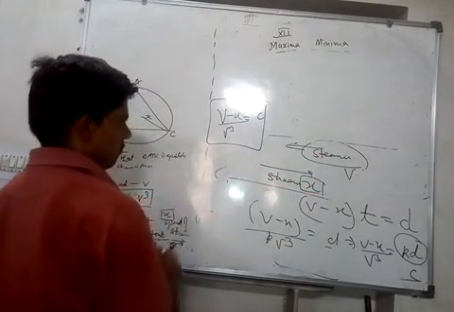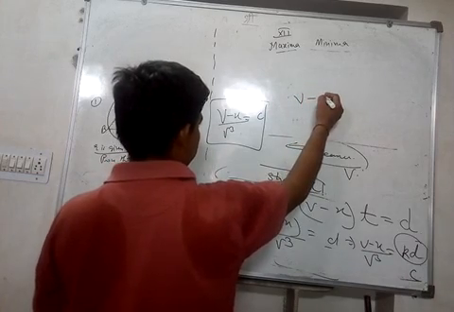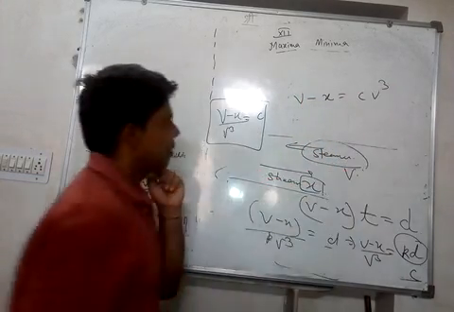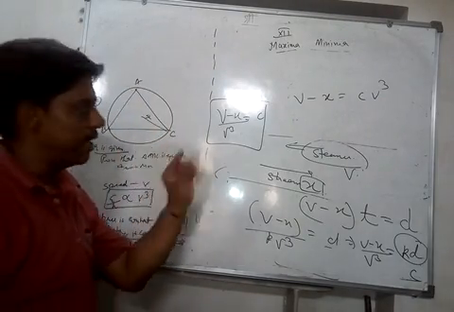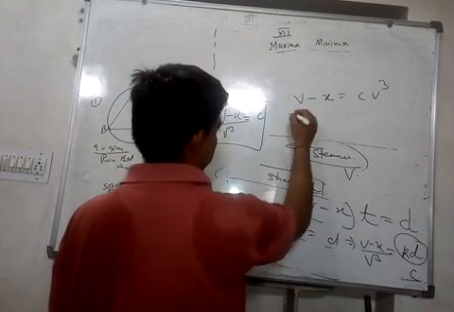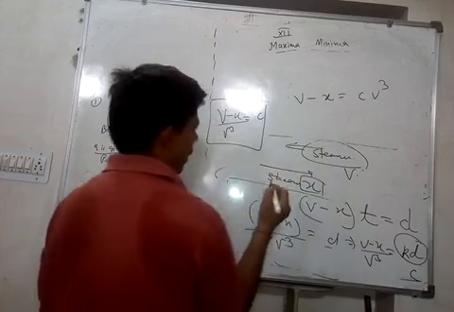So let's take v minus x is equal to c into v cube. Okay. So we can differentiate with respect to x here. So we get v dash, that is 1, right?